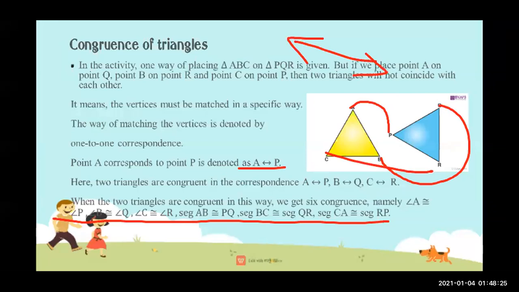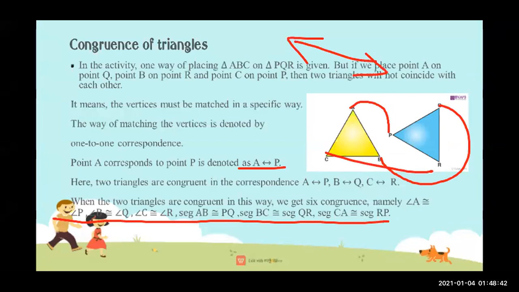So here which one corresponds to which one? A corresponds to P, B corresponds to Q, and C corresponds to R. And there are three angles and three sides which are also congruent.